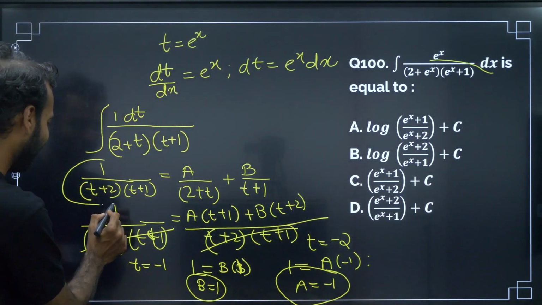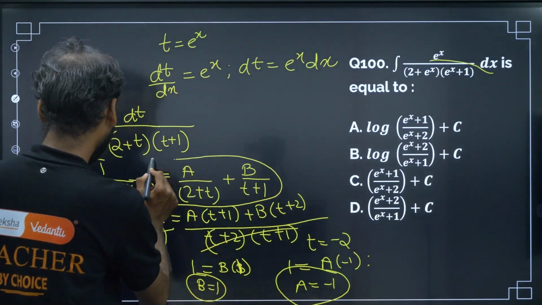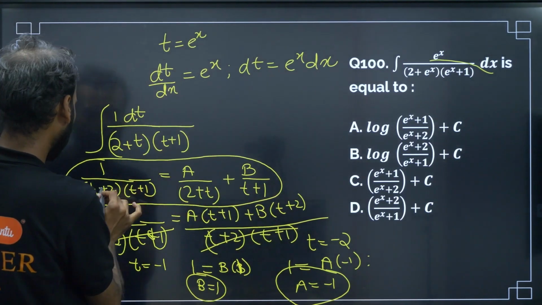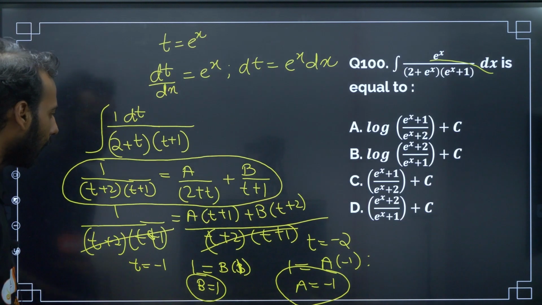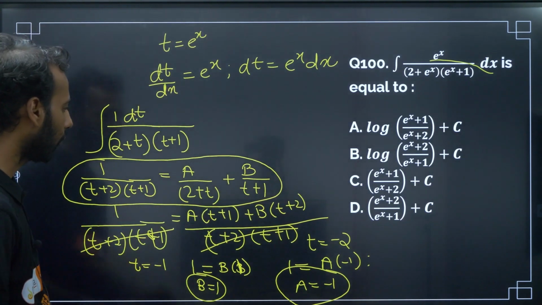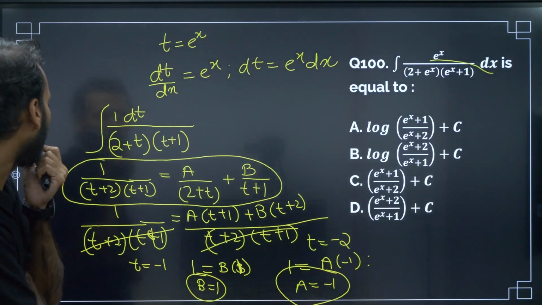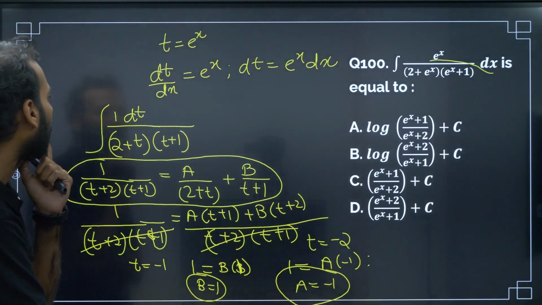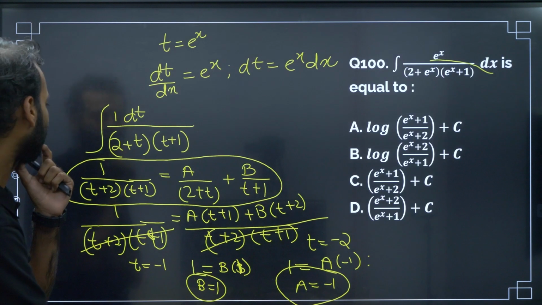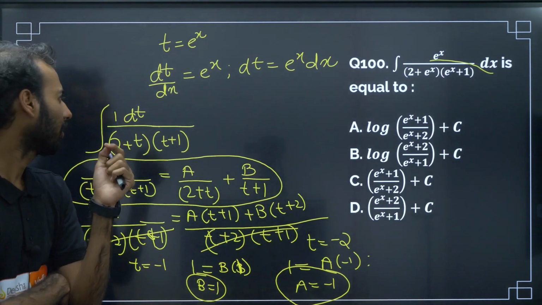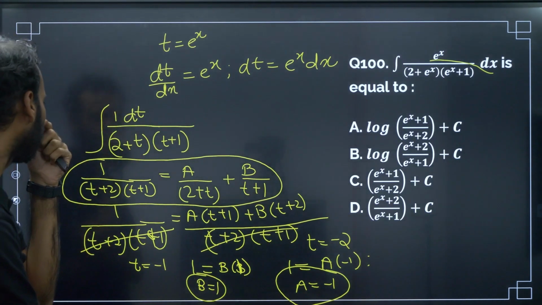So see this expression carefully. Something I have written as a by t plus 2 times t plus 1. Now for that I am going to write this same expression. Make a note of this. I want to erase some things from here.